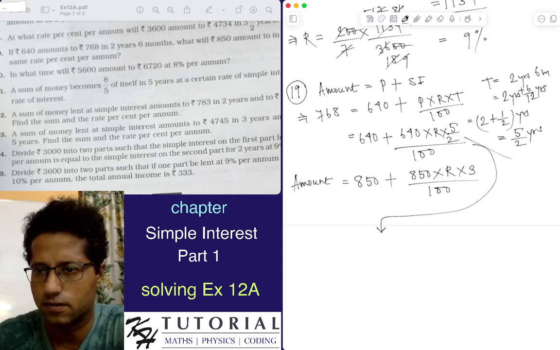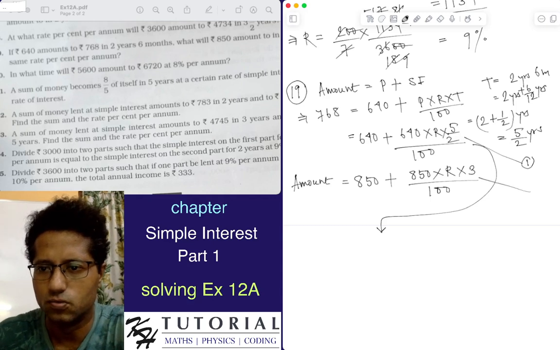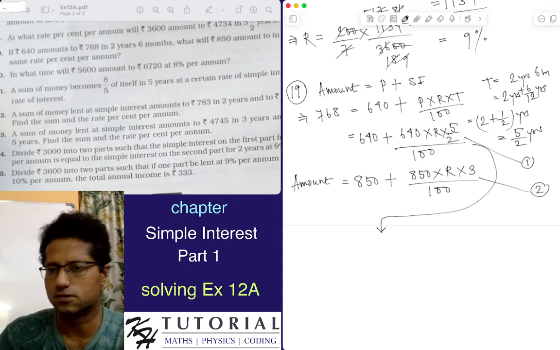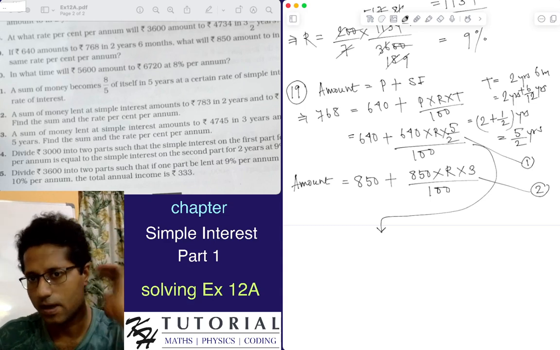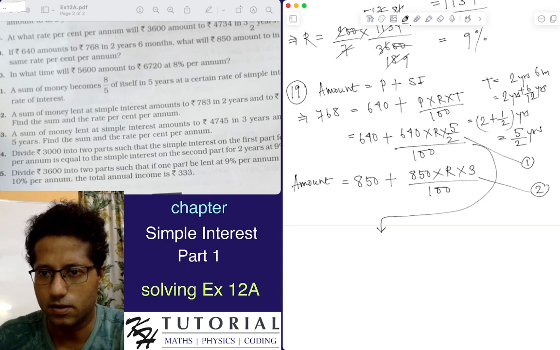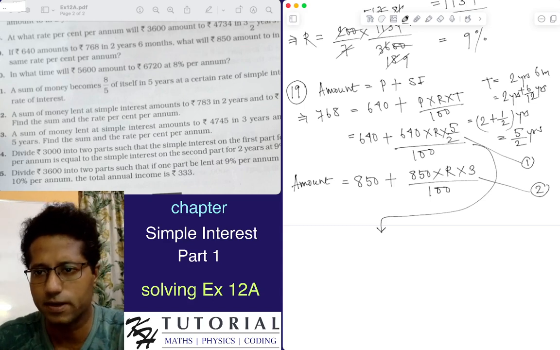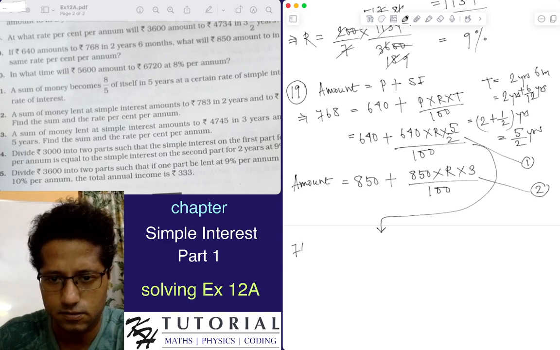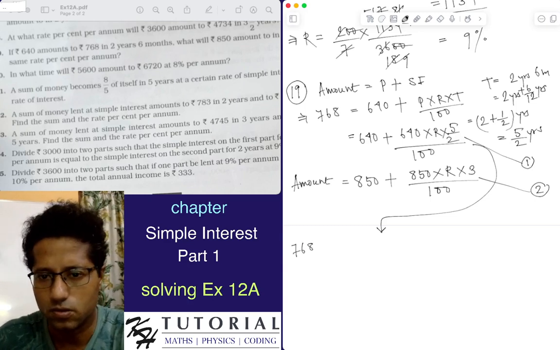Let the second equation, the second amount, be equation 2, and the first equation, 768 equals 640 plus this, be equation 1. From equation 1 we can always find R, but you need not find the absolute value of R. What you need in equation 2 to find the amount is R by 100. So you can somehow get only the value of R by 100 from 1, that will also solve the purpose. These small things you can do to save time.